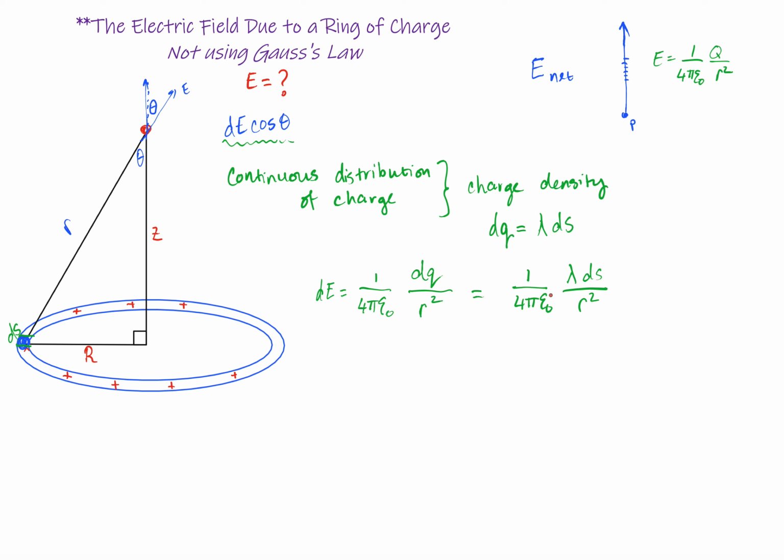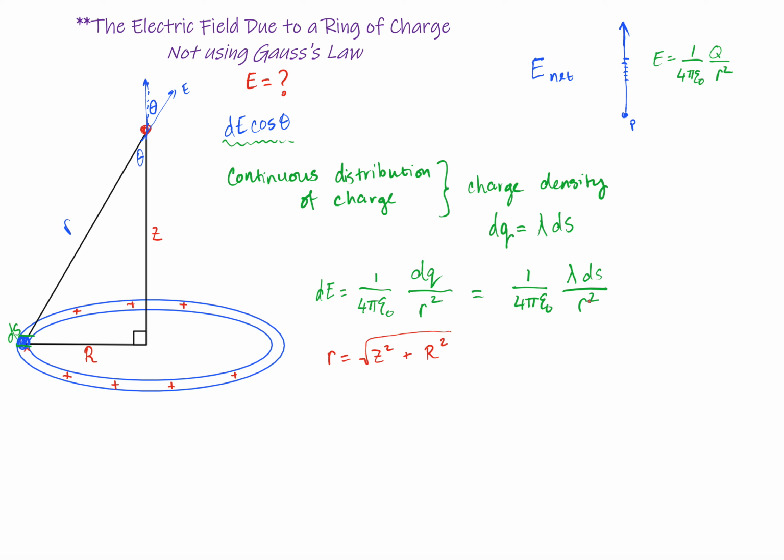And so we want to make something here that has more constants involved. So what I'm going to do is write r squared as a constant. If we think of r as a constant, r is going to come out to be the square root of z squared plus big R squared, because this is a right triangle.